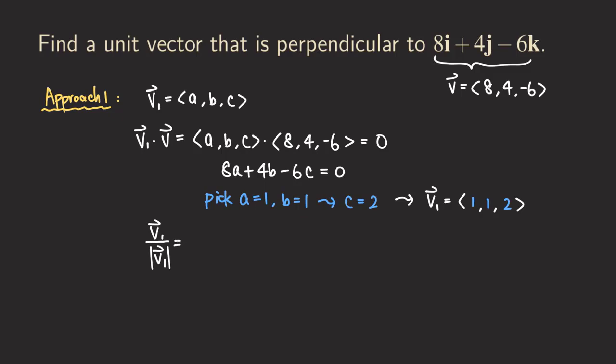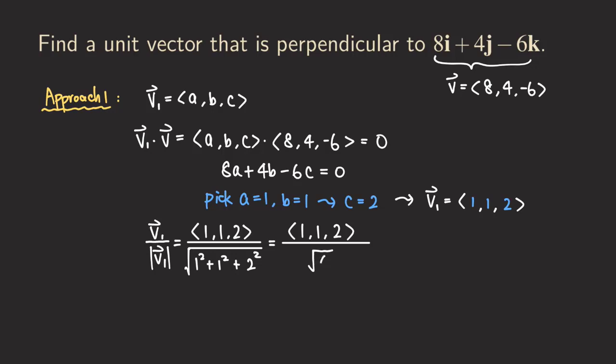We get 1, 1, 2 divided by its own magnitude, which is the square root of 1 squared plus 1 squared plus 2 squared. So this is 1, this is 1, this is 4. We get 1 plus 1 plus 4, which is 6, so the square root of 6 is the denominator.